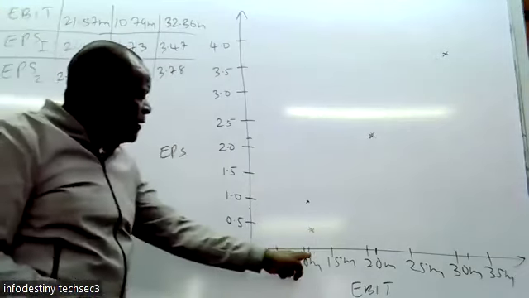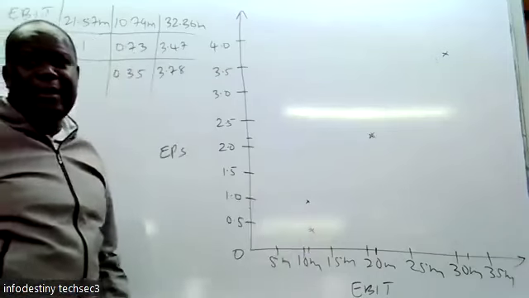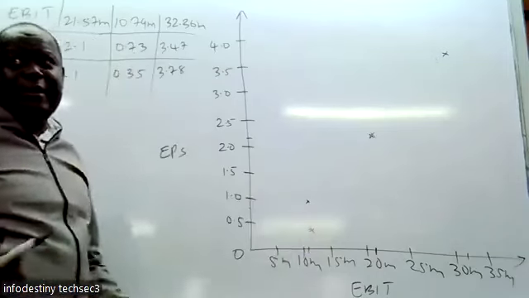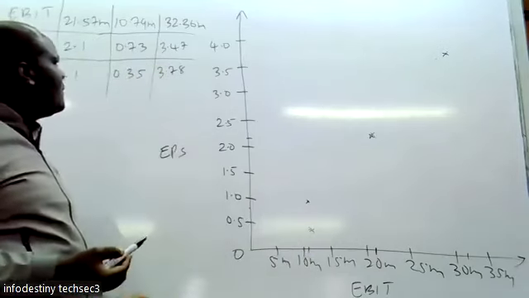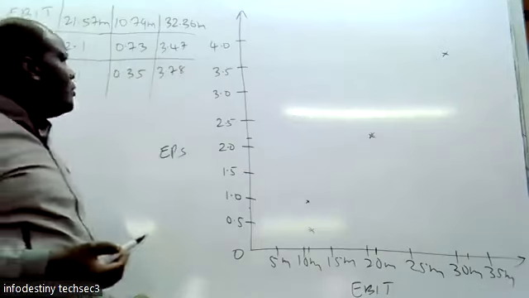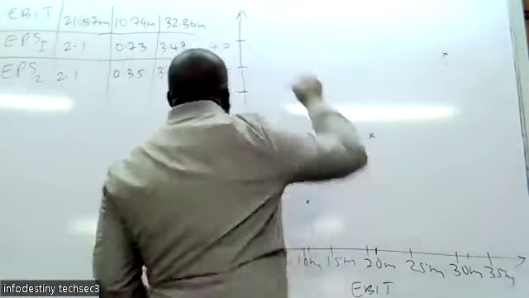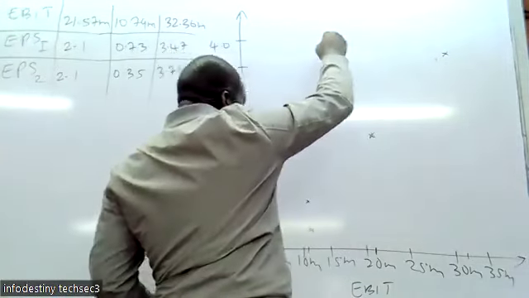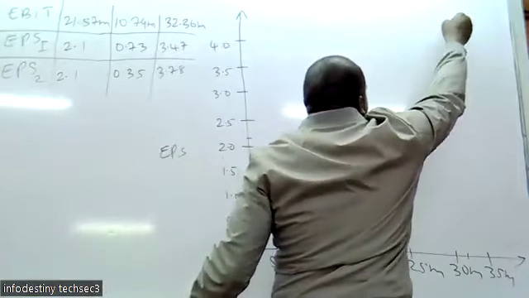The same figure 10, they will all follow the same earnings before interest and tax. Then when it is 32, it is 3.78, so 3.78 is somewhere up there. So the same point of indifference, but different earnings per share.